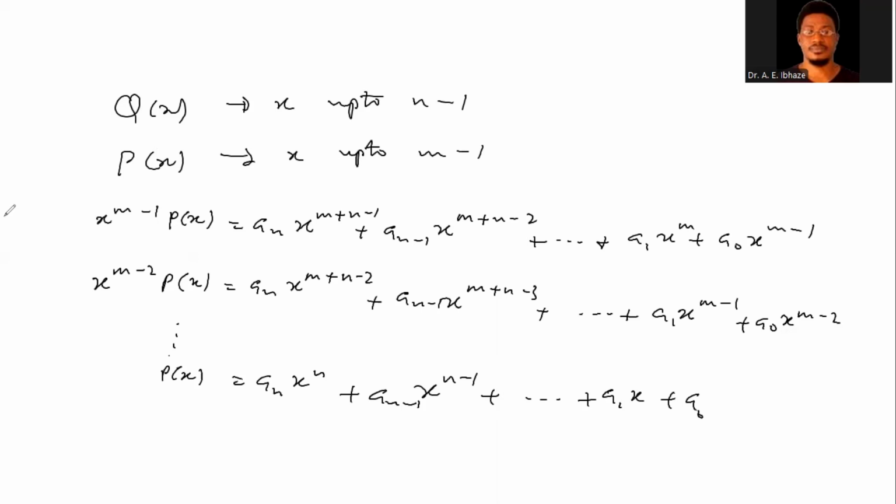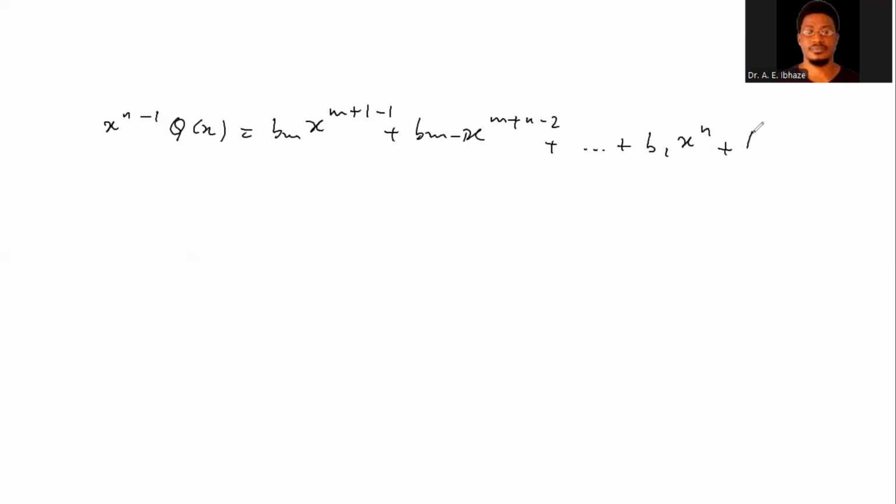So now, what we will now do is: S^(n-1) q(x) will be the same as B_m x^(m+n-1) plus B_(m-1) S_(m+n-2) plus all the way plus B1 S_n, then plus B0 S_(n-1).